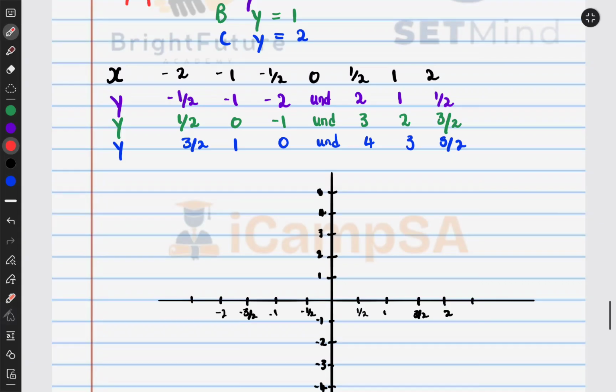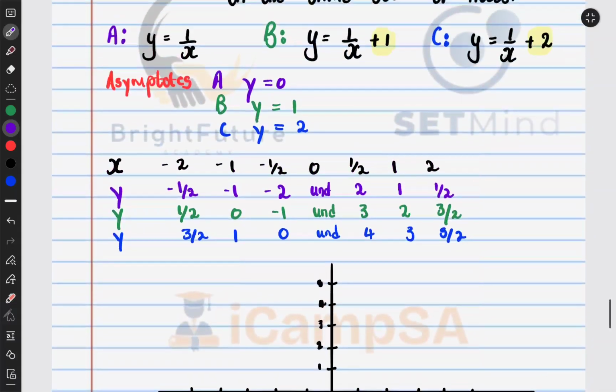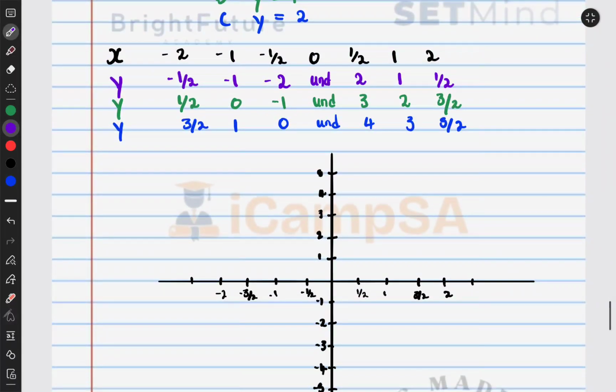Okay, let's plot the corresponding values. For the first function, it's just the parent function. Where x is negative 2, y is negative half, so it's just about halfway there. Where x is negative 1, y is negative 1, so it's going to be here. Where x is negative half, y is negative 2, so it's just there.